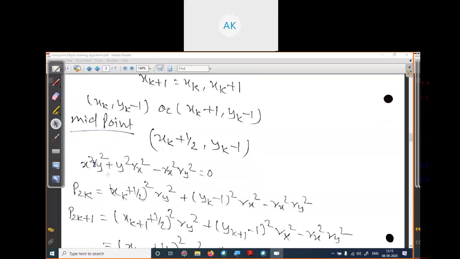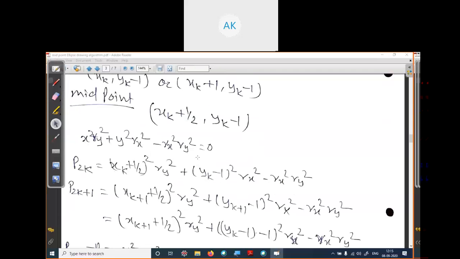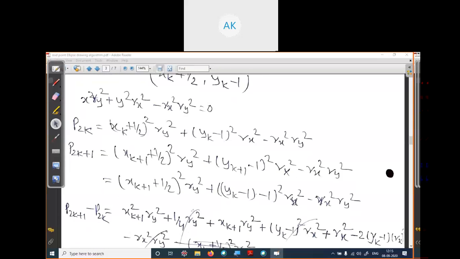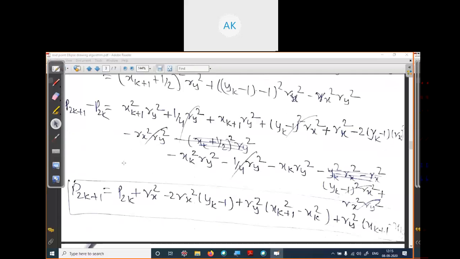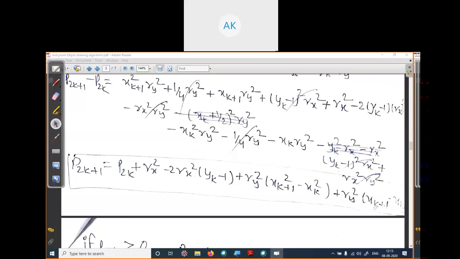We put this value into our ellipse equation and calculate our decision parameter in region 2. This is our initial decision parameter in region 2, and this is the next decision parameter in region 2. So this is the equation for the next decision parameter in region 2.